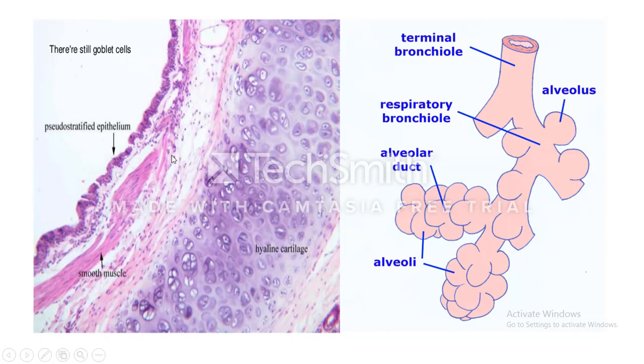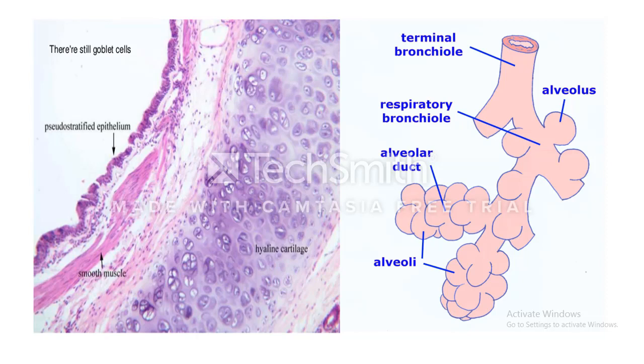Okay. This is the structure of the bronchus. Bronchus consists of mucosa, submucosa, adventitia. The structure of the bronchus is similar to the trachea, but in the adventitia you have cuttings of hyaline cartilage, no continuous ring of hyaline cartilage.